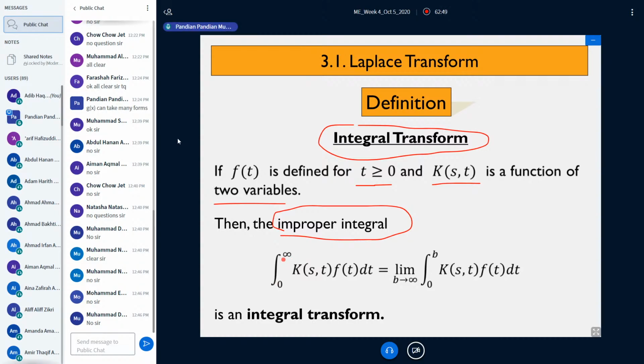So the integral from 0 to infinity of K(s,t) f(t) dt equals the limit as b approaches infinity of the integral from 0 to b of K(s,t) f(t) dt. This is an integral transform. From here, we want to see how the Laplace transform is developed. So this is the general integral transform.